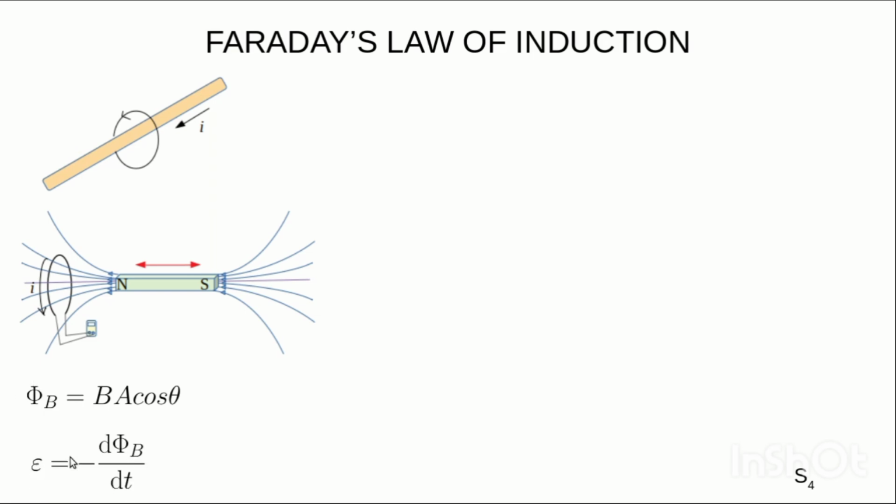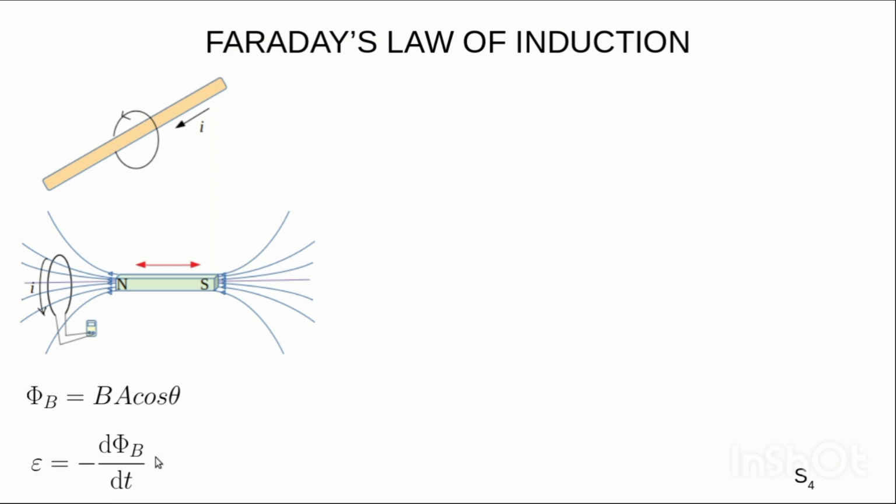So we have induced EMF equal to minus d phi B over dt, where the minus comes from Lenz's law. We notice that once this changes with respect to time, there will be an induced EMF.